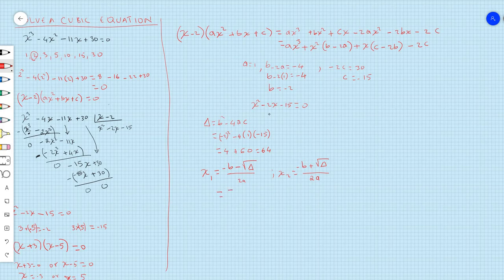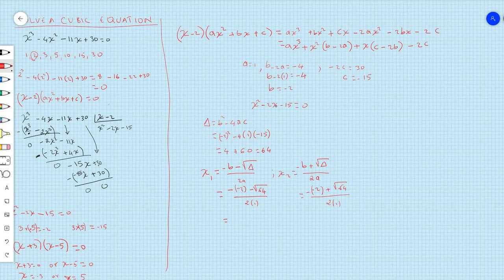So go ahead and plug in that formula. You have -(-2) minus the square root of 64 over 2a, and this one plus the square root of 64 over 2, right? So we'll go ahead and solve this.